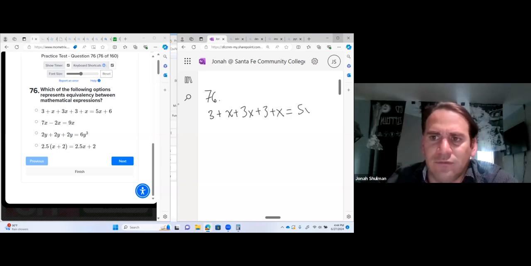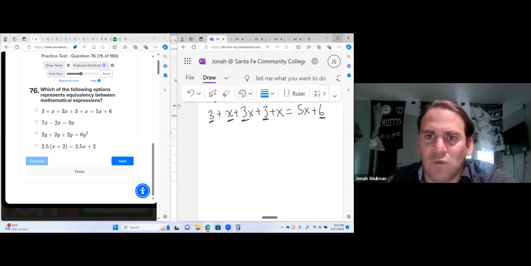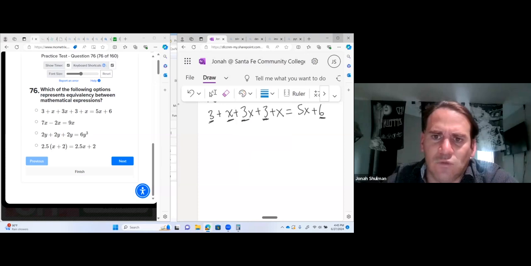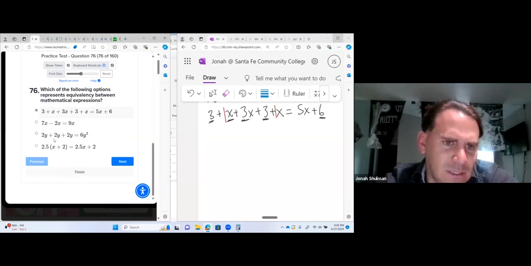Let's see what we have. 3 plus 3 is 6. 1 plus 3, because you can pretend there's an invisible 1 here. So that's 1, 1 plus 3 plus 1 is 5. It's A. This one, 7 minus 2 is 5x.